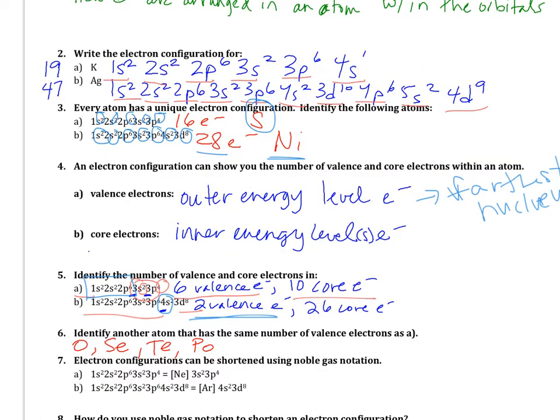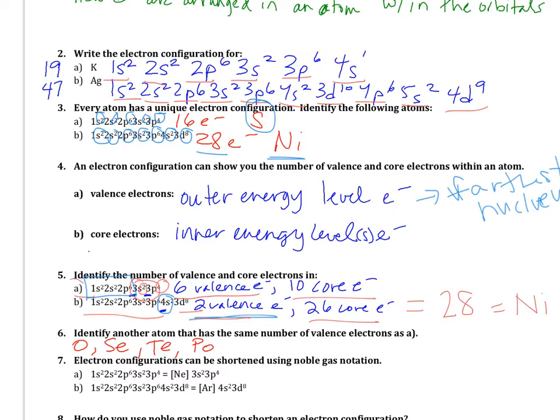If I wanted to identify the atom here, I would add up the 2 valence electrons plus the 26 core electrons, and I end up with a total of 28 electrons. If I wanted to determine the element, I could refer to my periodic table again and say nickel has 28 electrons.